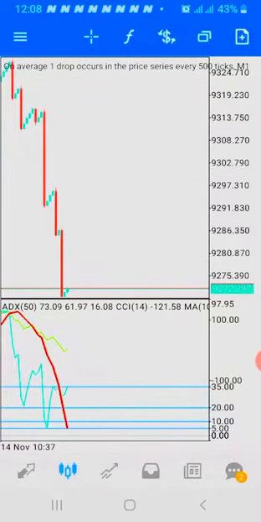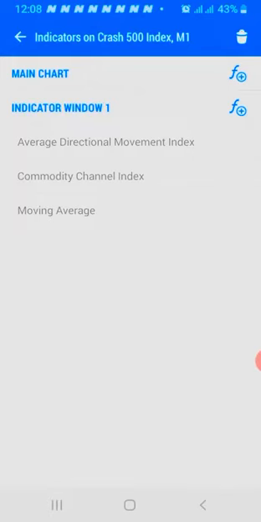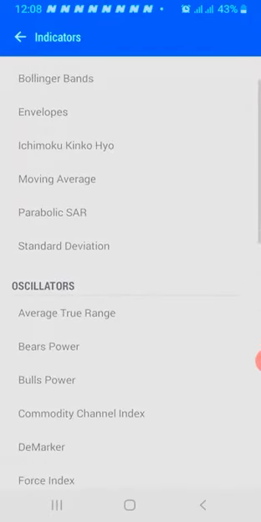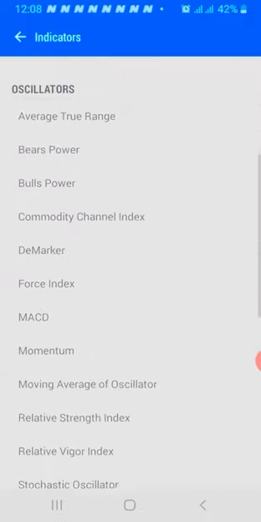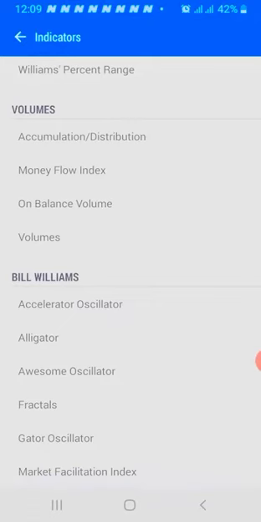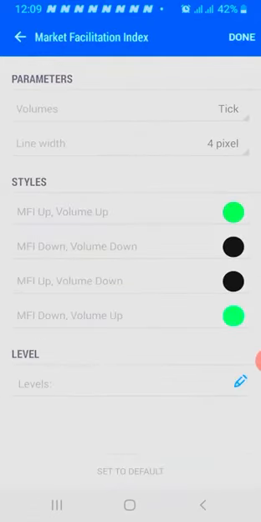Then the next indicator, which is the last indicator we'll need, is the market facilitation. Click on the indicator tab, click on add indicator, market facilitation. So here, market facilitation, which is the last indicator, you click on it.